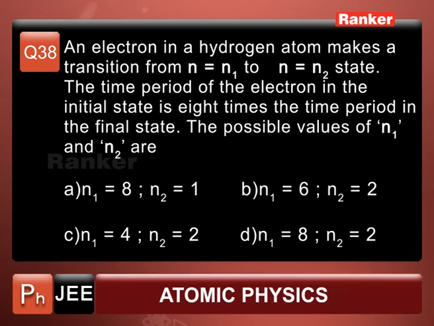The possible values of n1 and n2 are, respectively, he is asking, what are the 4 options mentioned? First option, n1 is 8 and n2 is 1. Second option, n1 is 6 and n2 is 2. Third option, n1 is 4 and n2 is 2. And fourth option, n1 is given as 8 and n2 is given as 2.